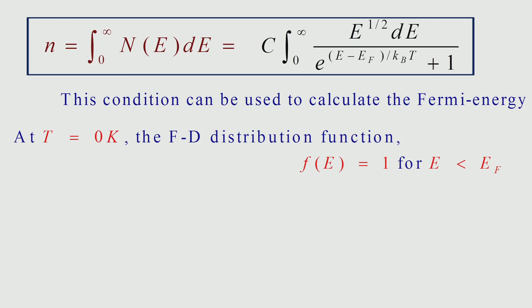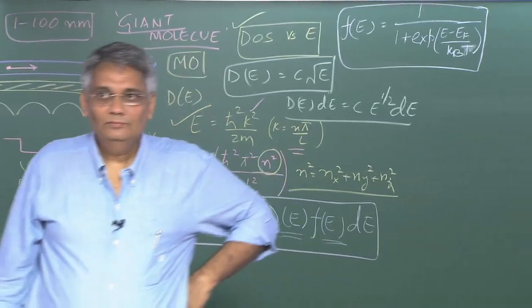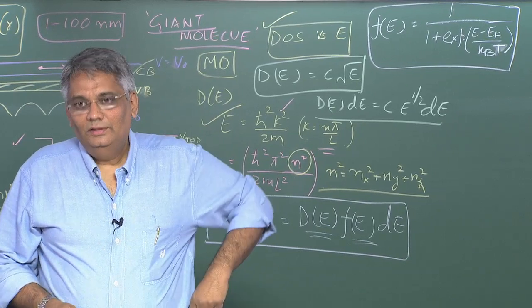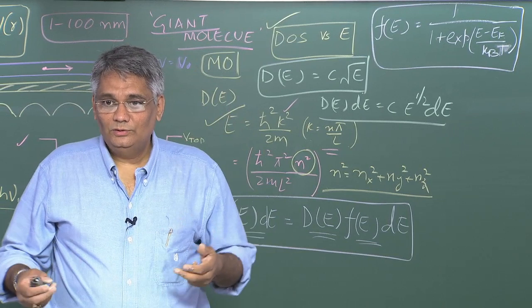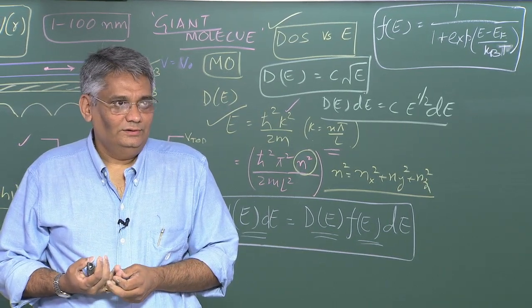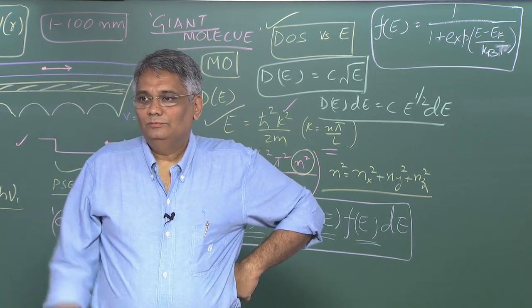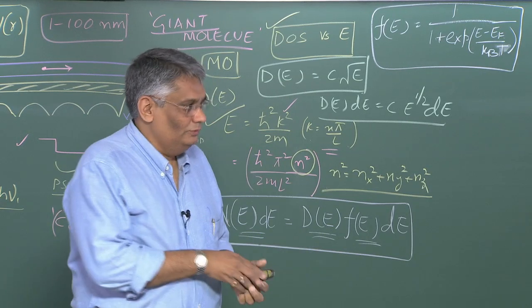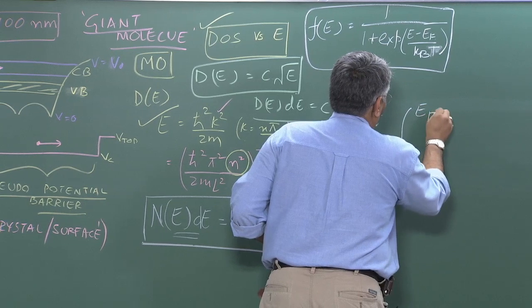We have seen this; we apply the same thing like what we have done in this case. At E less than EF, f(E) is equal to 1, and at E greater than EF, f(E) is equal to 0, at absolute 0. So, you integrate this between the limits of 0 and EF.